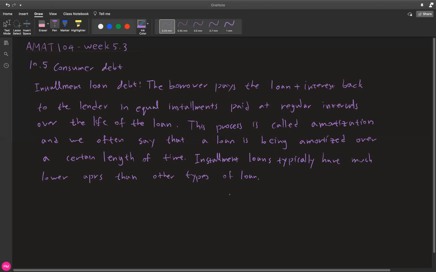You are paying a small amount of the debt each time over the period of the loan. And once the last one is paid off, that is called you paid off everything. And yes, as we just mentioned, these types of loans have very low APR in general.